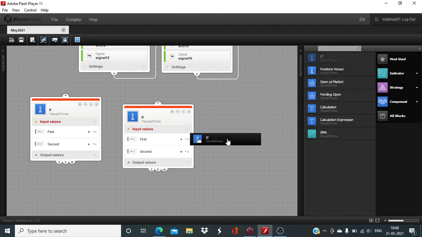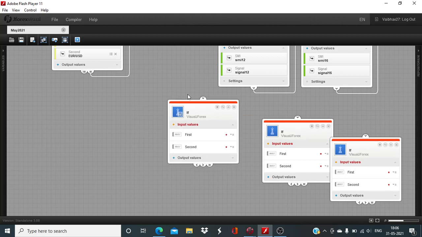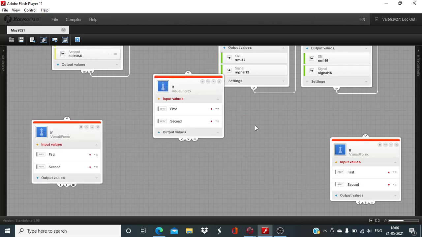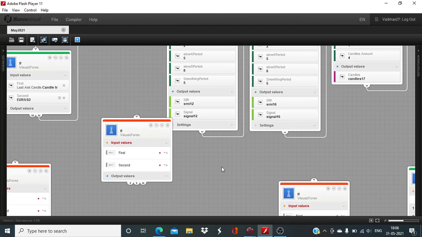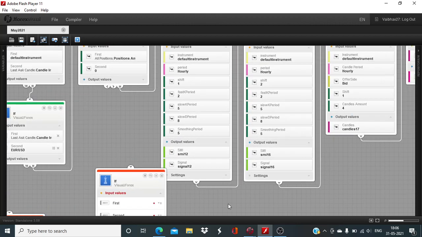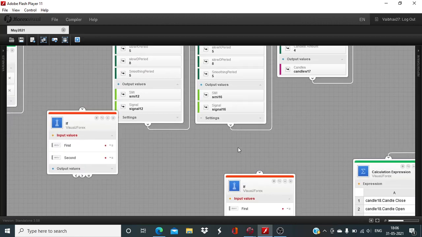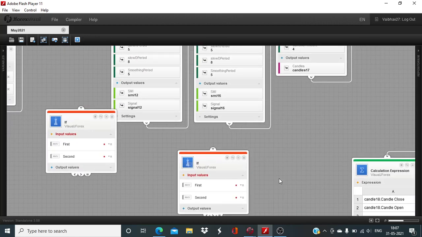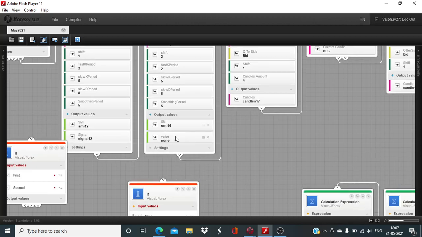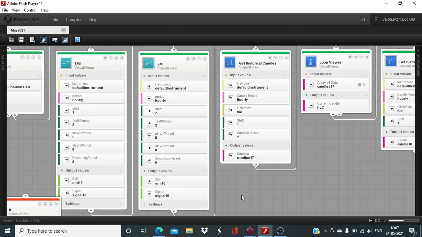Now let's get the conditions defined for the execution of the trade, and we will need to compare the output values, the SMI 12 and signal 12 with SMI 16 and signal 16. Firstly, we will need the SMI 16 and signal 16 values to be above 0 and below 20.